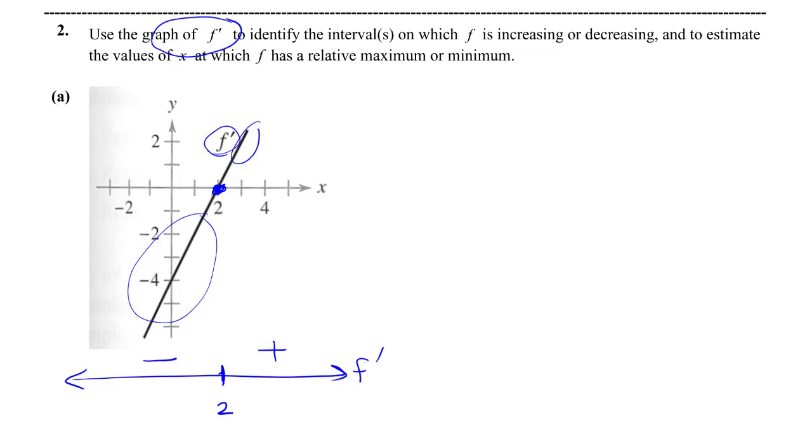So I end up getting the chart there that tells me my usual things like f is decreasing there and f is increasing there, meaning 2 must be, it was decreasing and then increasing, so 2 must be a relative min.